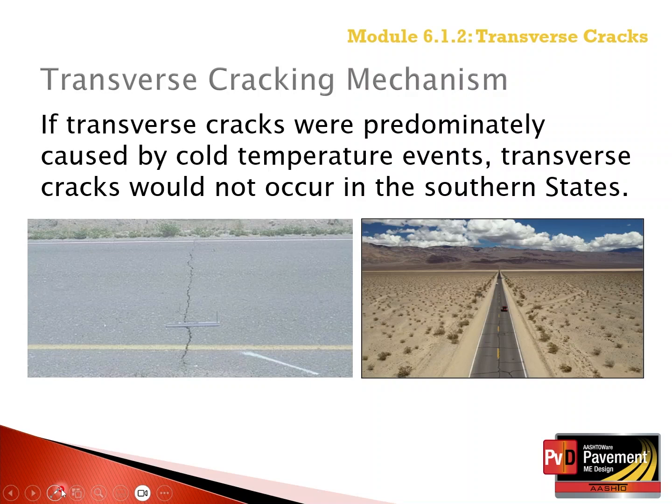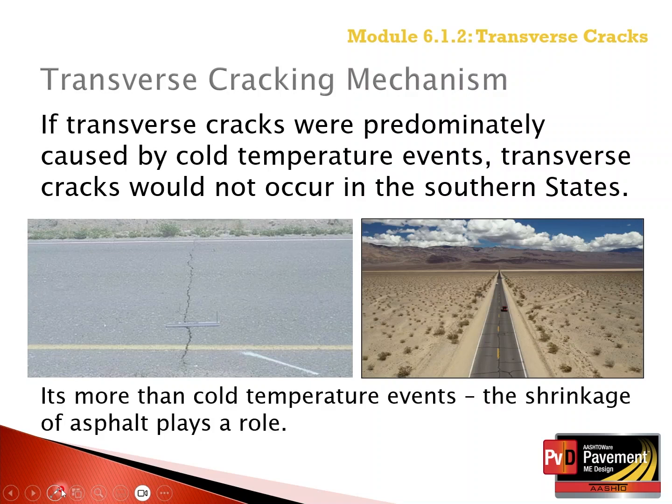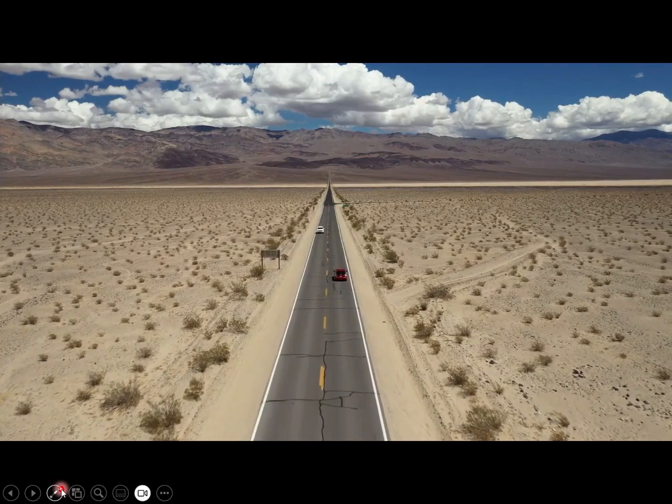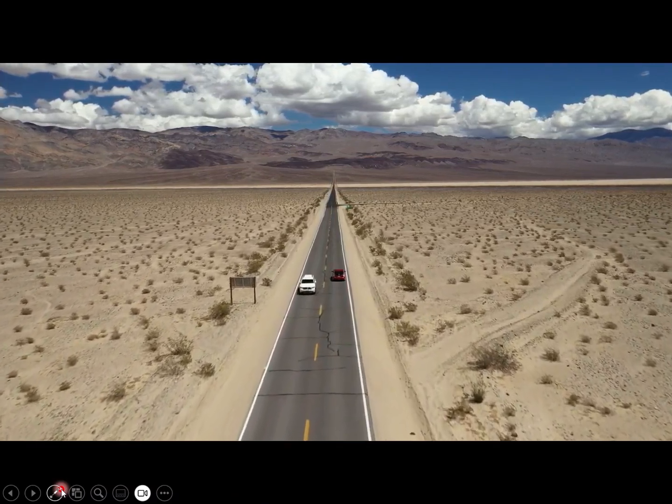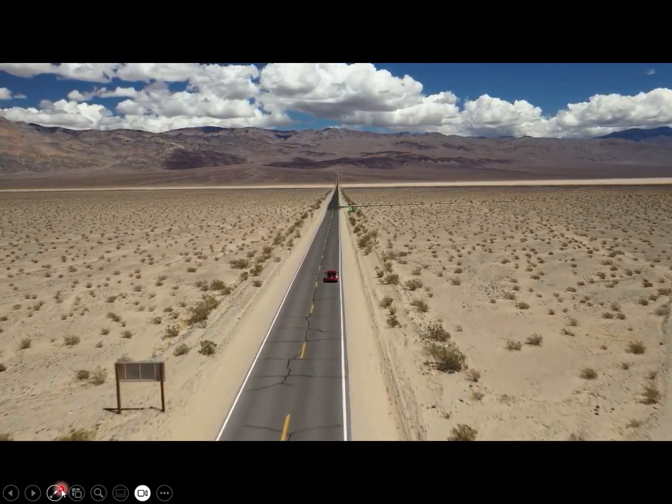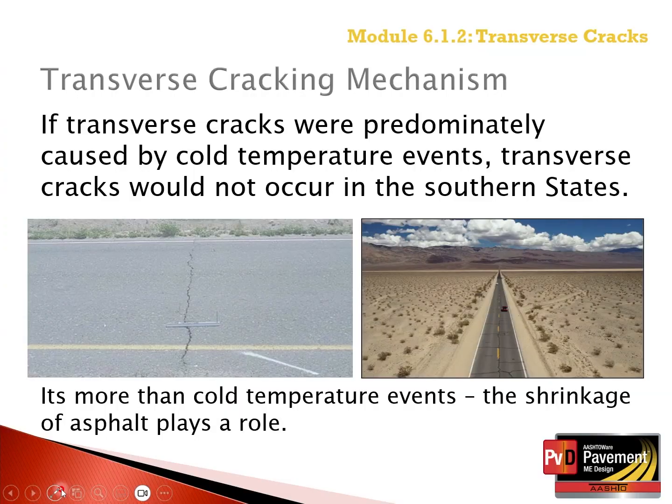Thus, the mechanism is more than just a combination of low and cold temperature events. Shrinkage and thermal fatigue play an important role in the occurrence of transverse cracks.